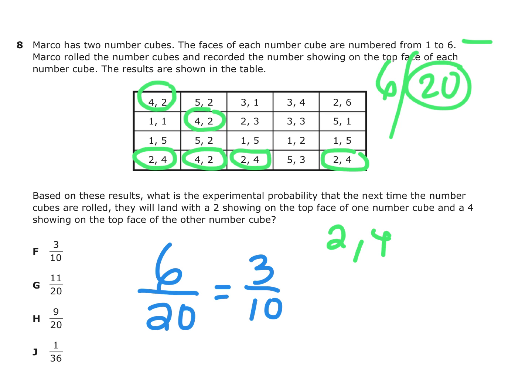So it looks like out of every 10 tries, 3 of them will come up with a 2 or a 4. So for this one, it looks like the answer should be F, 3 out of 10, which is the same as 6 out of 20. So there were total of 20 different tries, and 6 times he got either a 2 and a 4 or a 4 and a 2. So that's 6 out of 20, and that's equal to 3 out of 10, or 3/10 is the probability.